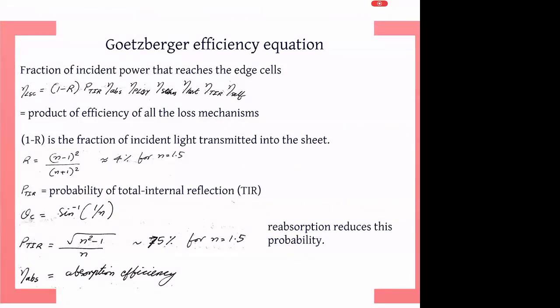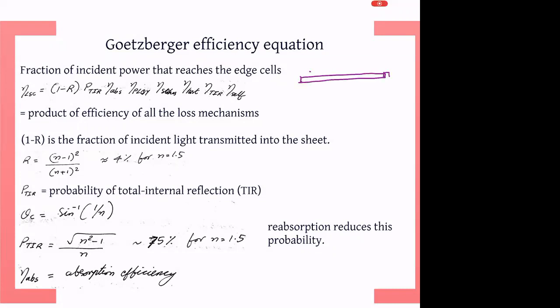It is the fraction of incident power. Well, right now we're not talking about the solar cells themselves. We're just talking about the efficiency of the solar concentrator. And this is essentially the fraction of the incident power that reaches the solar cell. Maybe I should draw it. So this is our luminescent concentrator.